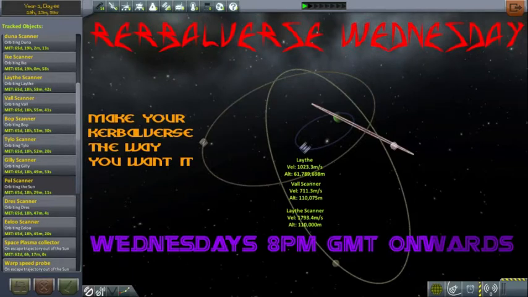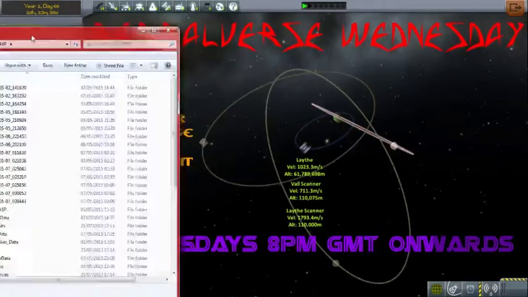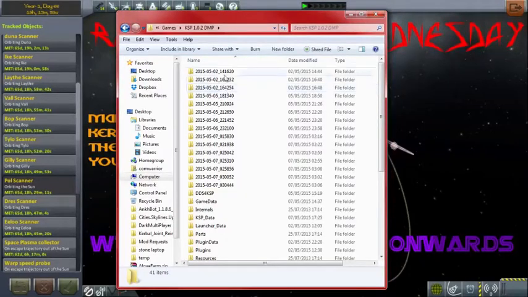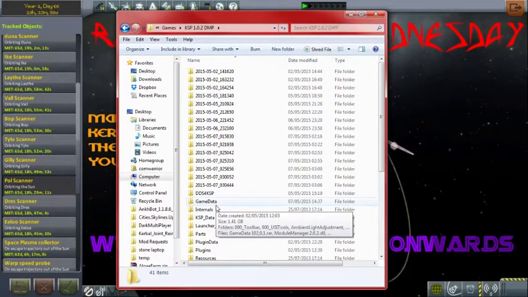So we're going to pull a few things up. This is our 102 DMP directory. We're going to take a look at what is already configured so that we can learn the syntax.